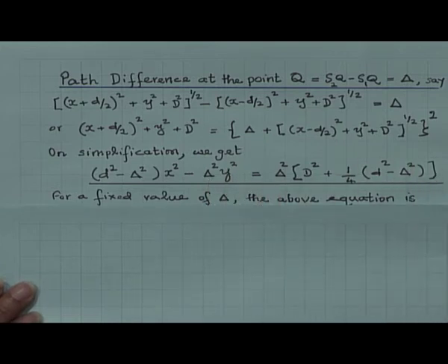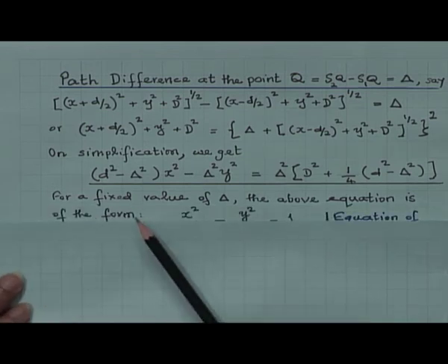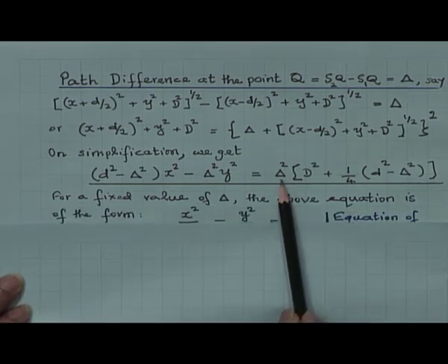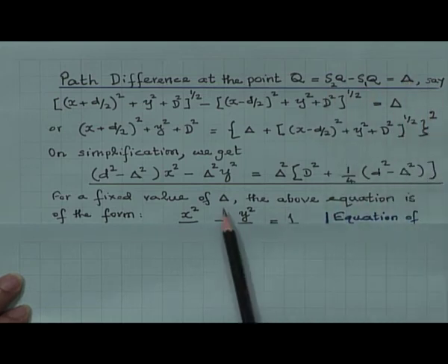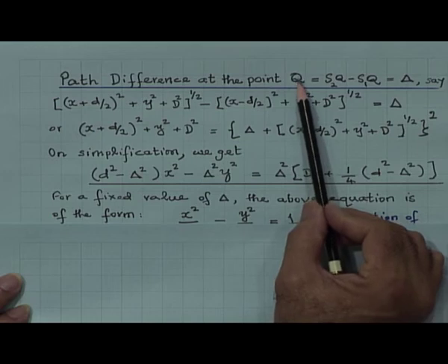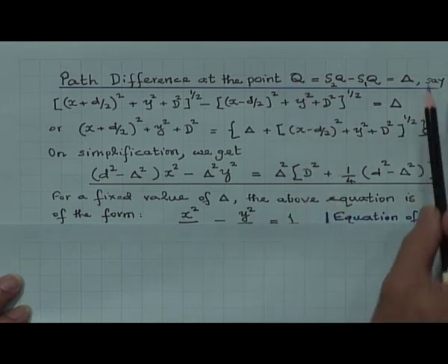this term here. For a fixed value of delta, where delta is the path difference, that is, if you choose a point Q, then it has a path difference delta.